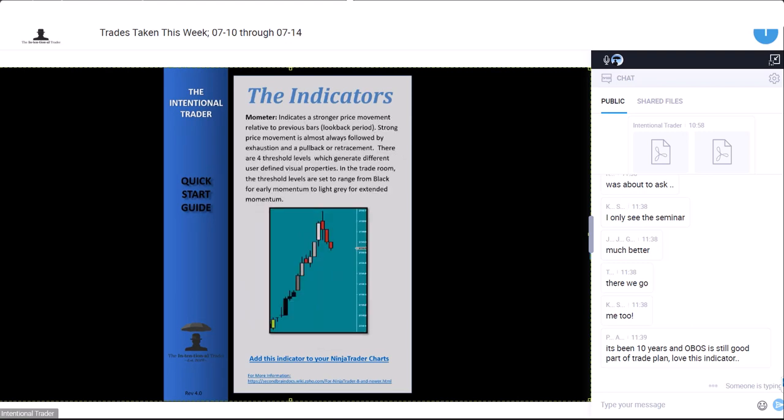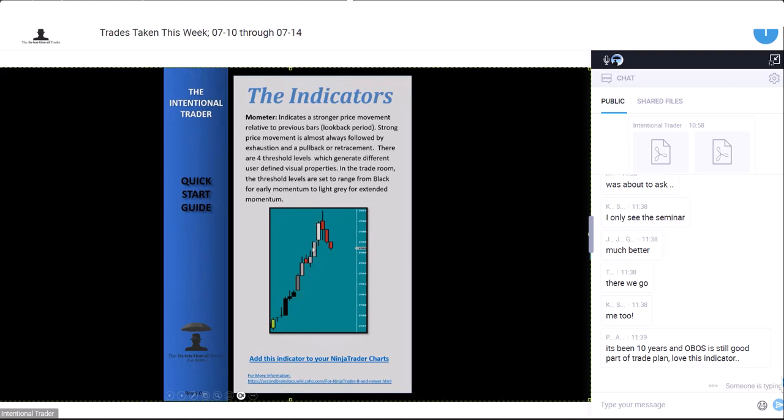Okay, our Mo meter, again, we're trying to measure strength to anticipate weakness. So we want to measure momentum so that we can anticipate exhaustion setting in, because we know price doesn't just continue to move in one direction all the time, right? It always pushes and pulls back, right?